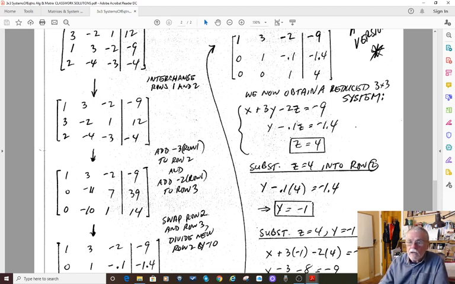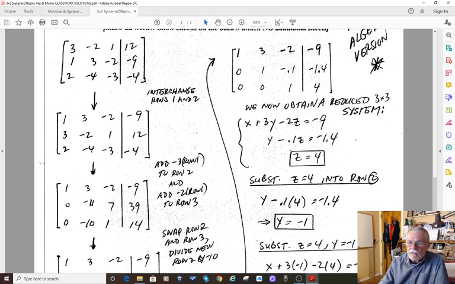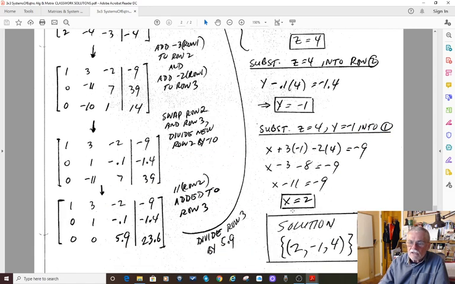So if z is 4, 0.1 times 4 is 0.4, so y minus 0.4 equals negative 1.4. I add 0.4 to both sides, I get y is negative 1. I'm now going to substitute z is 4 and y is negative 1 into my top equation, and I get x is 2. So x, y, z is (2, negative 1, 4), in parentheses, because the point, that would be my solution.